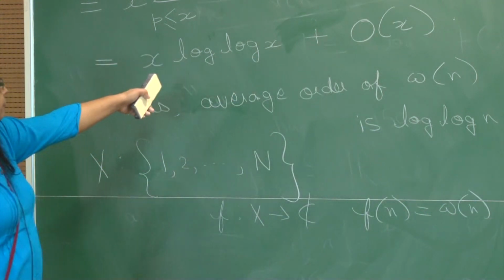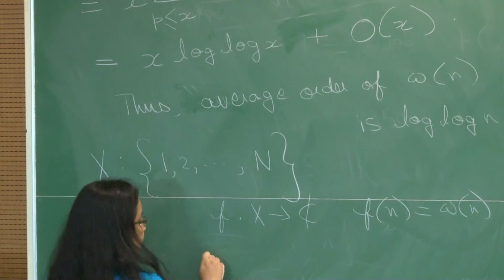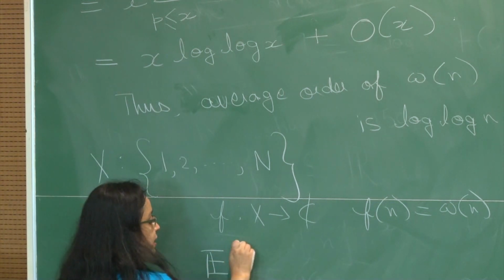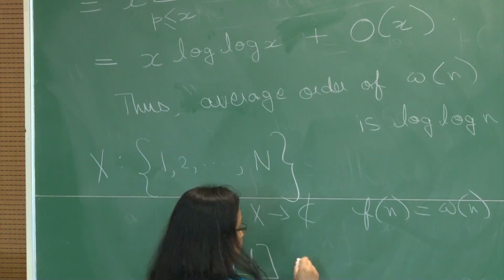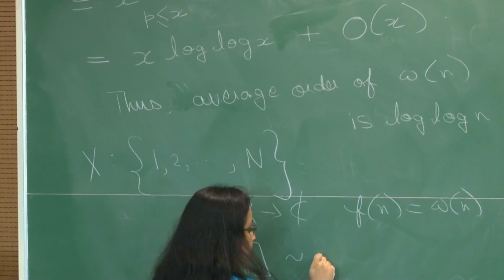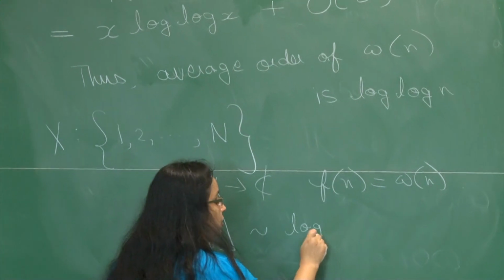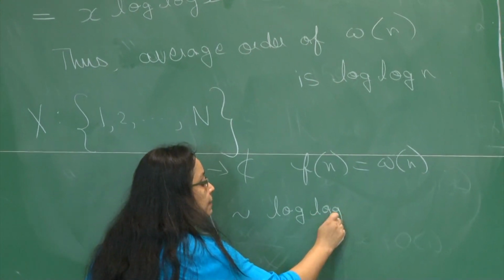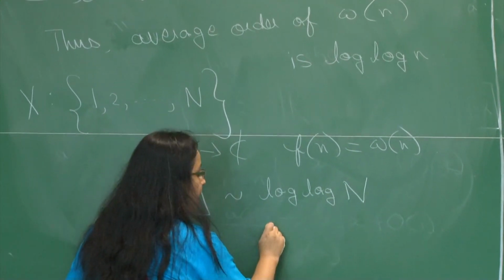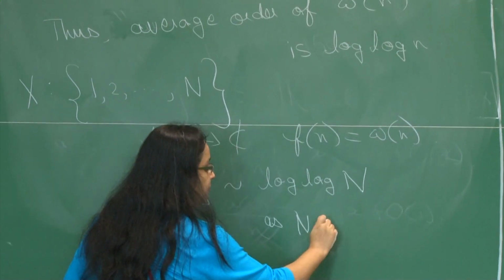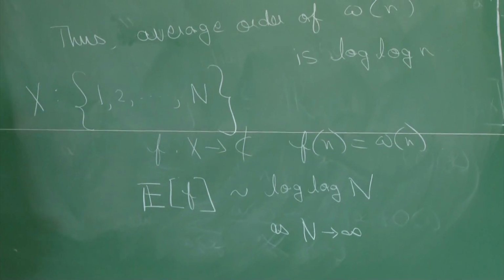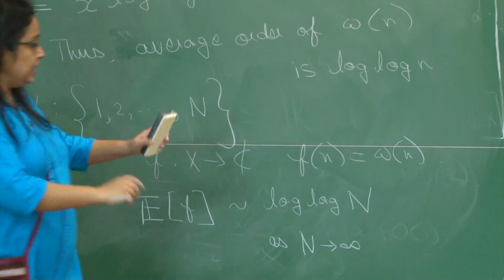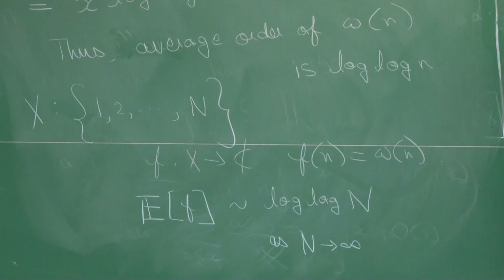Okay. So, what we wrote above is telling us that the expectation of f is asymptotic to log log capital N, as your capital N becomes larger and larger.